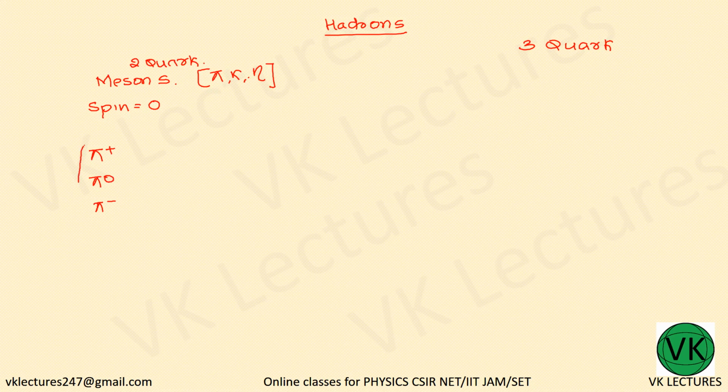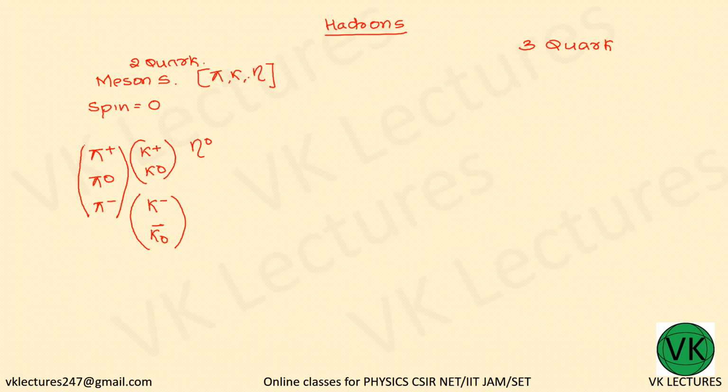This is the one group. And K group, which is K plus and K naught, and K minus and K naught bar. This is the 2 groups. And eta naught is another meson group, and this is having a single particle group.